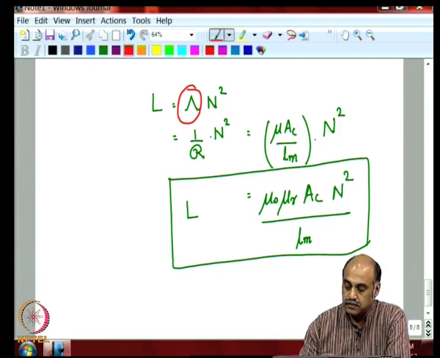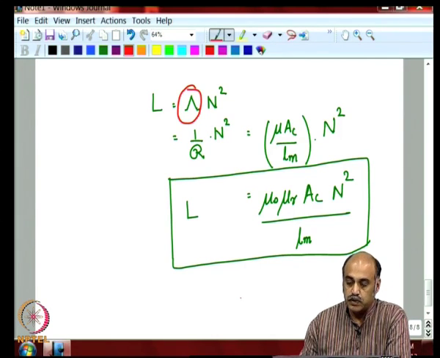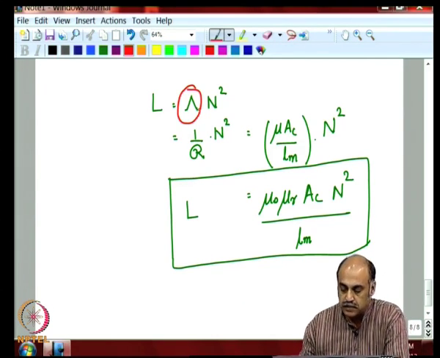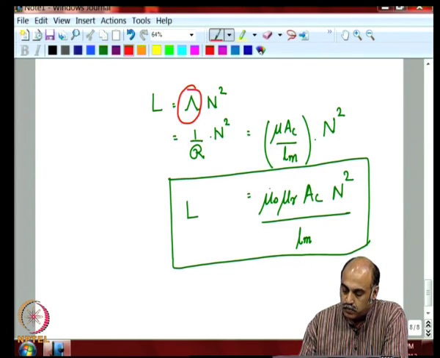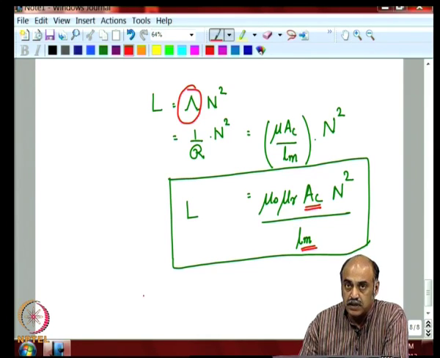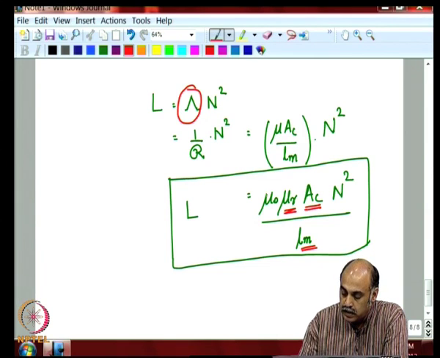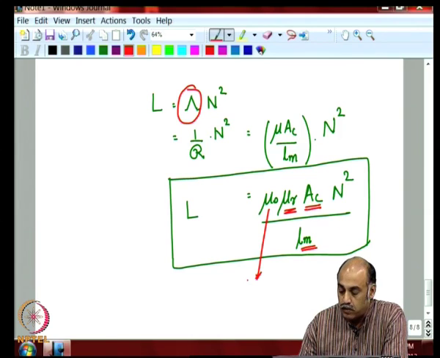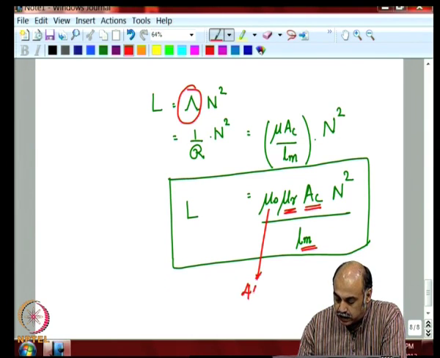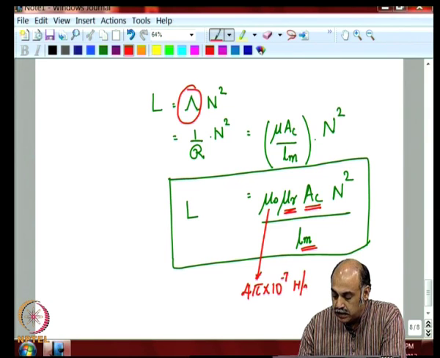Under such cases, this relationship is useful, basically derived from the same relationship, only that you know the play of the variables within: the core cross section area, the mean magnetic length of the core which is given, the relative permeability for the core material which is known, and this is the permeability for free space, which is 4 pi into 10 to the power of minus 7 Henry per meter.